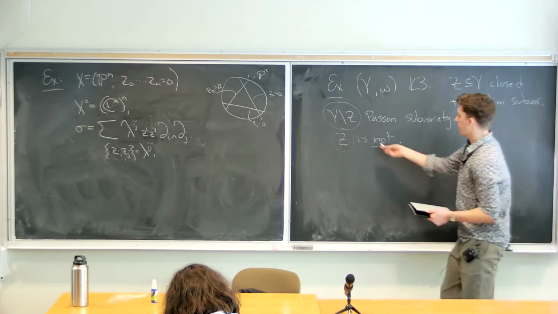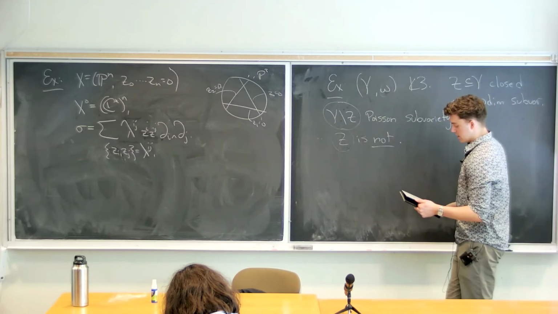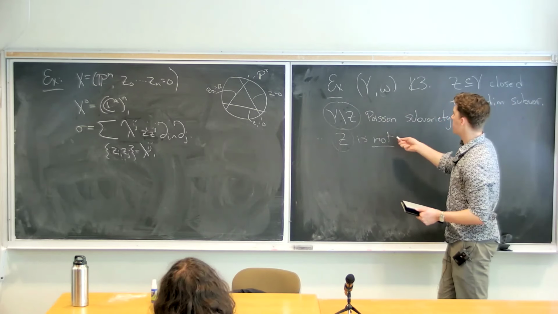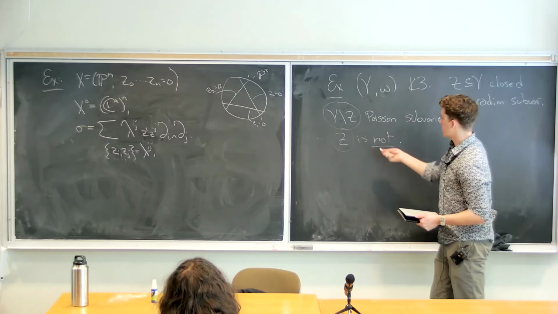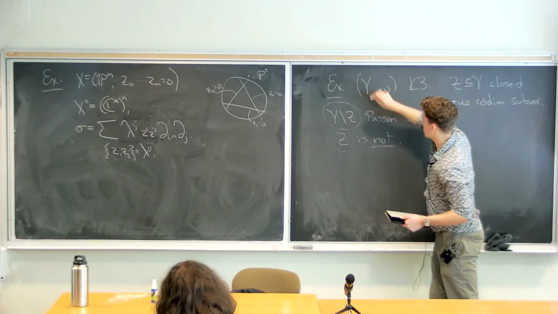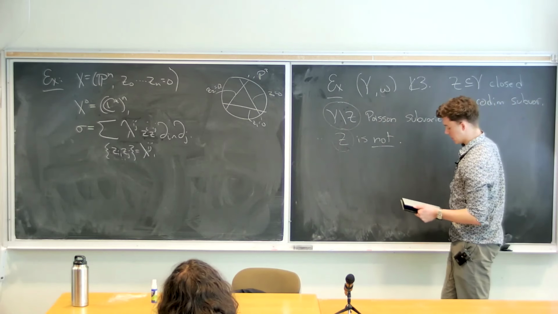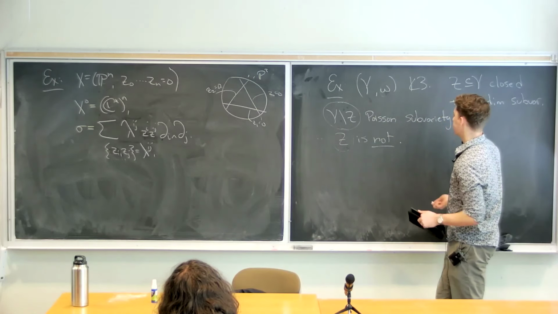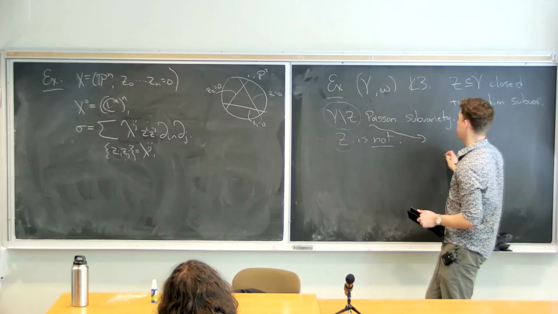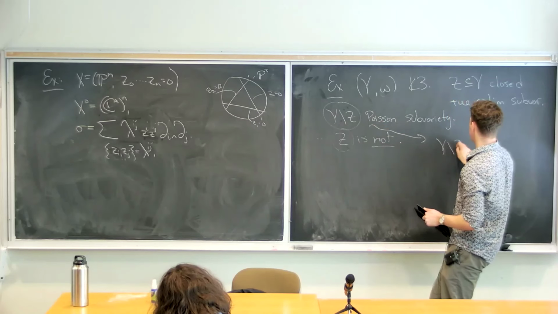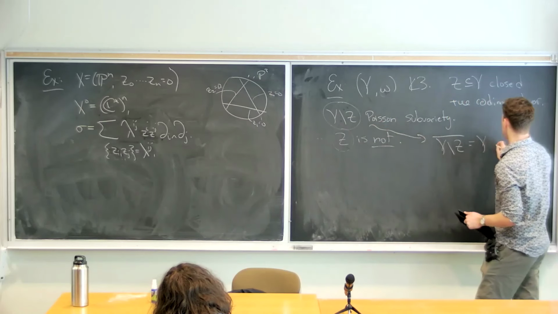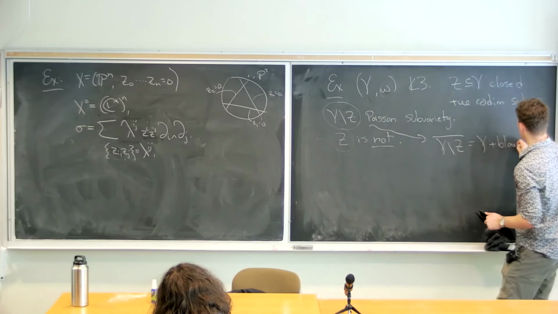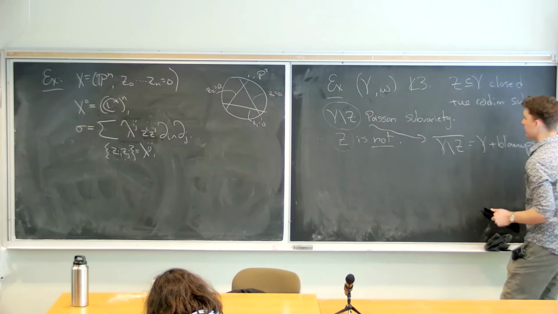Okay, but maybe we could compactify this in other ways, but this is minimal, so the only way we can actually do this is by compactifying to Y and then blowing up a bunch of points. So basically, we want Y minus Z bar. This is going to be Y plus a bunch of blowups.